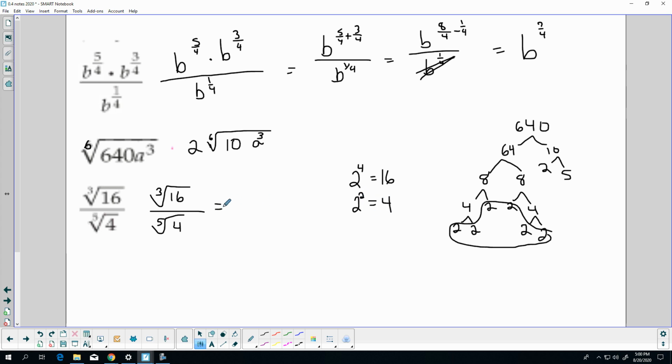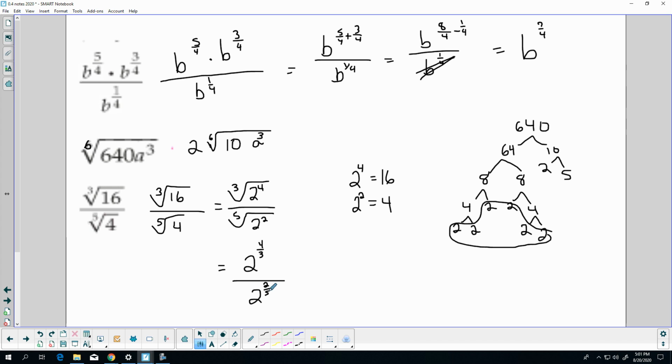So that's really going to be the cube root of 2 to the 4th and the 5th root of 2 squared. Well, I now have the same base. Let's write them as a rational exponent. So that's going to be 2 to the 4/3 over 2 to the 2/5.